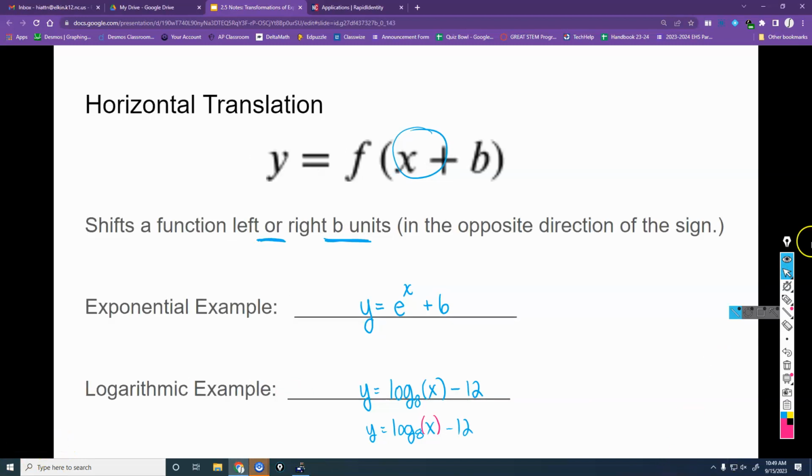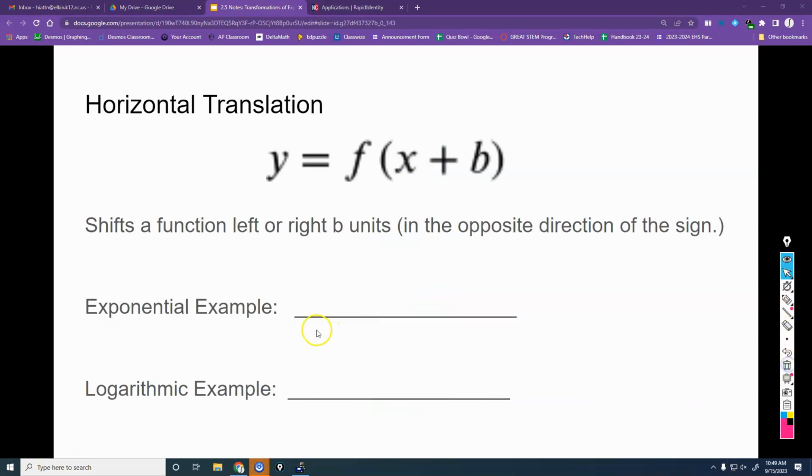Let's look at the next one. Okay. The horizontal translation is whenever we add a number on the inside of the parentheses. So we see that number on the inside of the parentheses. For absolute value, it meant it was on the inside of the bars, right? The bars were like our parentheses. For exponential and logarithmic, it's going to look a little bit different, but it's still the same rule.